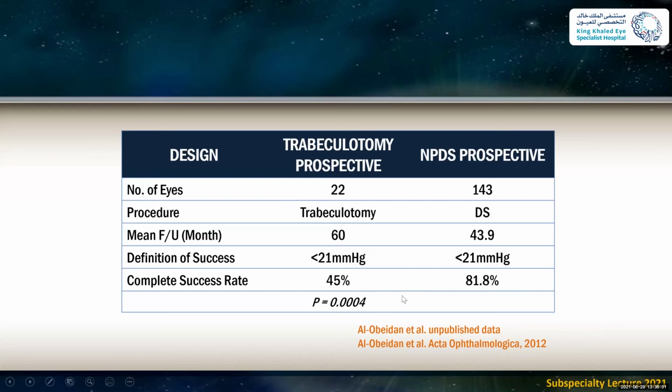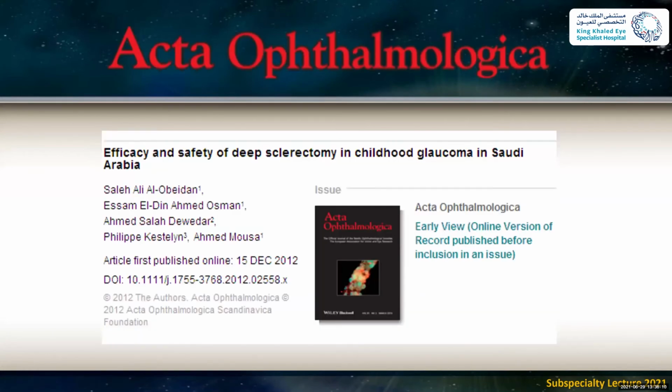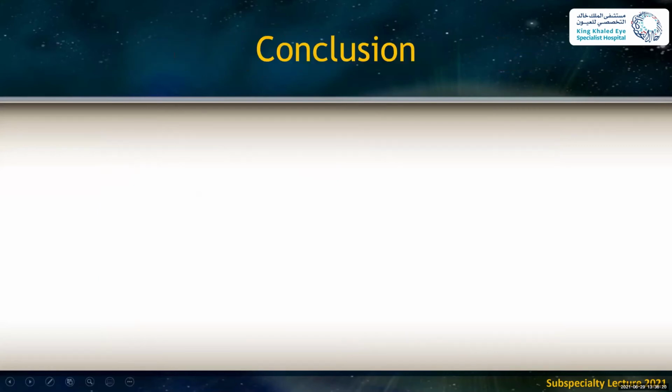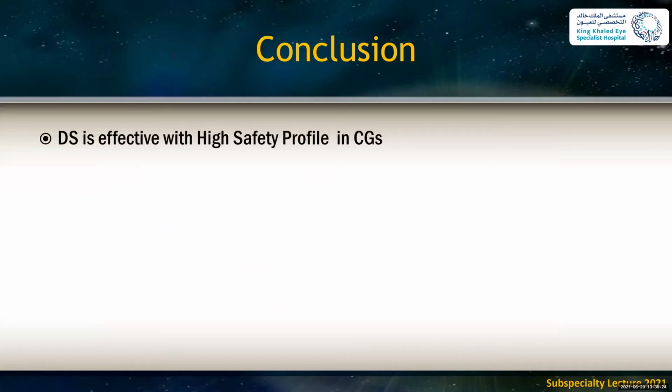So it's definitely superior to trabeculotomy alone, but I'm not saying to combine. If you want to read more about this article, it was published in Ophthalmology in 2012. And this series was presented by us at the American Academy in 2011, I think, before publication of this report.